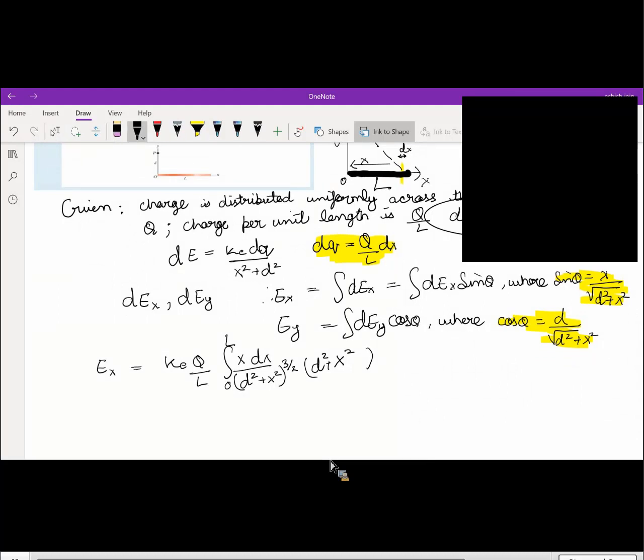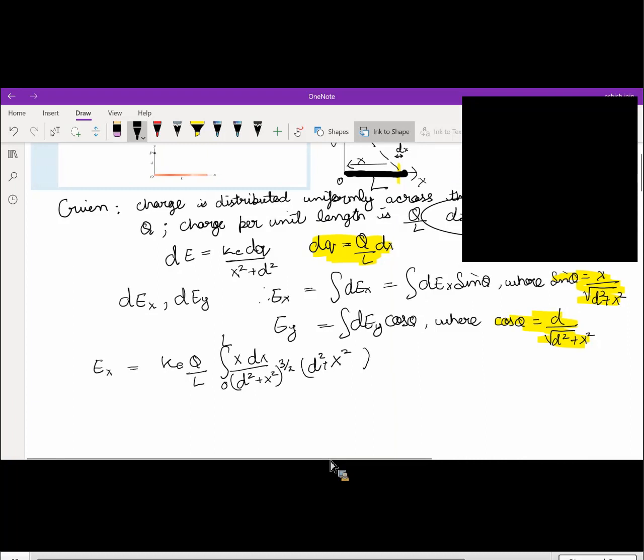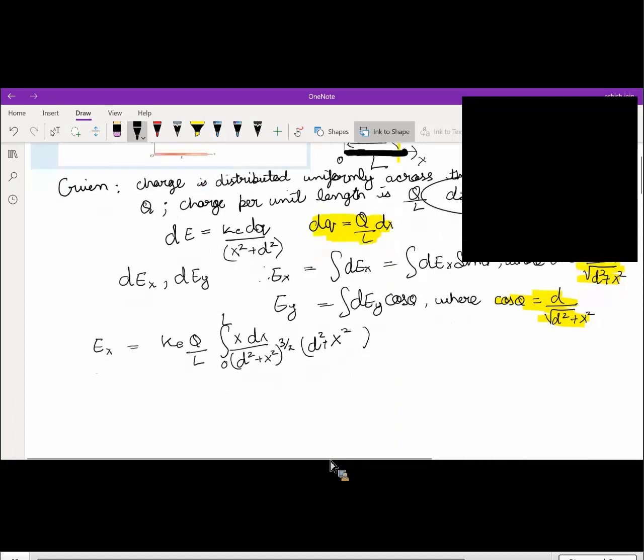There is a root here, 1 by 2, and there is this. So I missed that. Very sorry. You call it integration by substitution. You say d squared plus x squared equals, let's say, u, then 2x dx equals du.